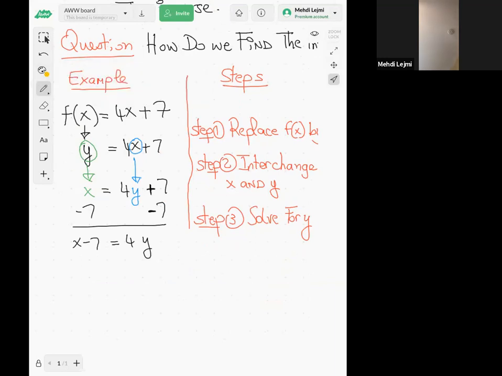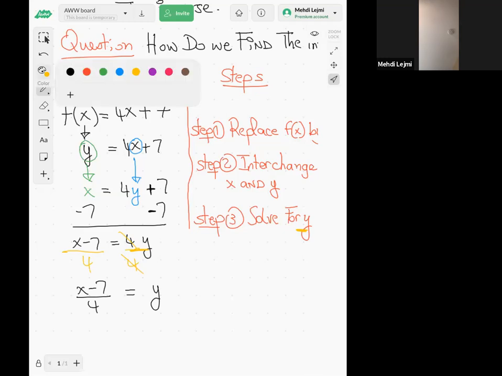You want to solve for y, right? So I'm going to divide by 4, both sides. And so that's x minus 7 over 4 equal to y, right? This 4 here cancels out, right? So once you solve for y, then that will be your inverse function.